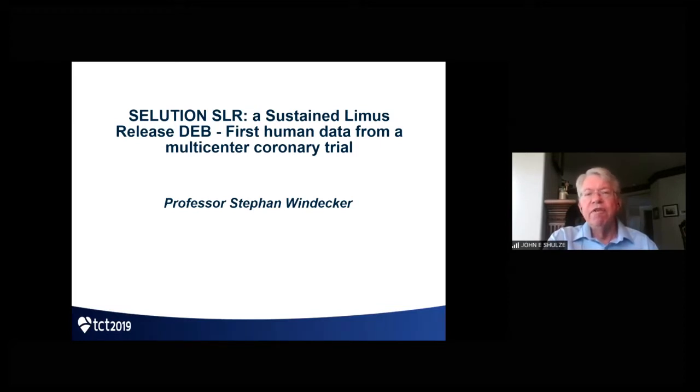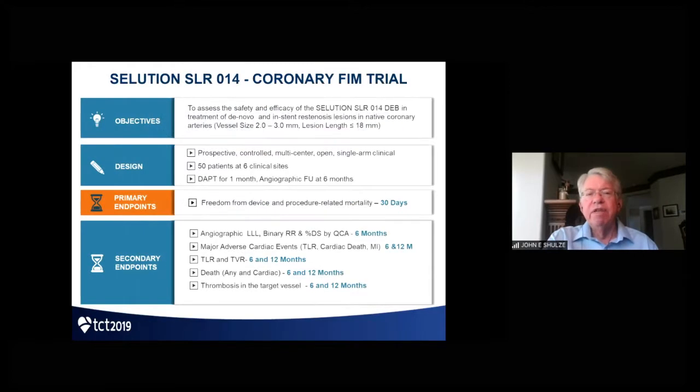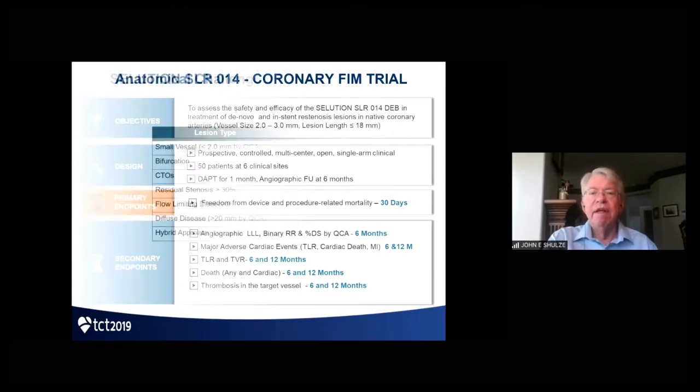So the Selution SLR was first tested in coronary in the Selution SLR first-in-man trial, which was reported by Dr. Windecker at the European College meeting. The objective of the trial was just to show that the sirolimus as delivered by the balloon was efficacious with a short depth of 1 month, and looking for all the secondary safety endpoints at 6 and 12 months for freedom from TLR and TVR.